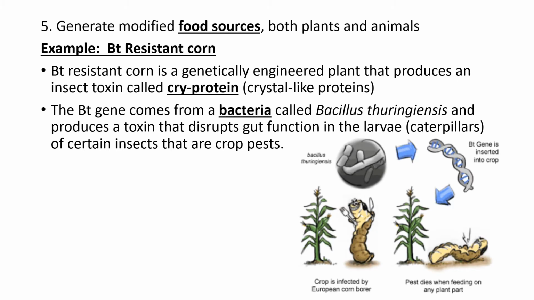So you isolate your gene out of your bacterium, you insert it into your crop, and then a pest will die when eating any of the plant parts, which means that you end up not having that insect destroying that crop.